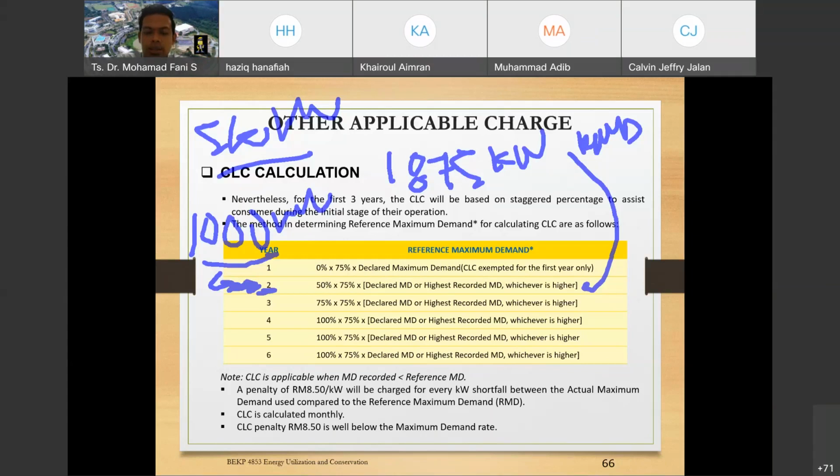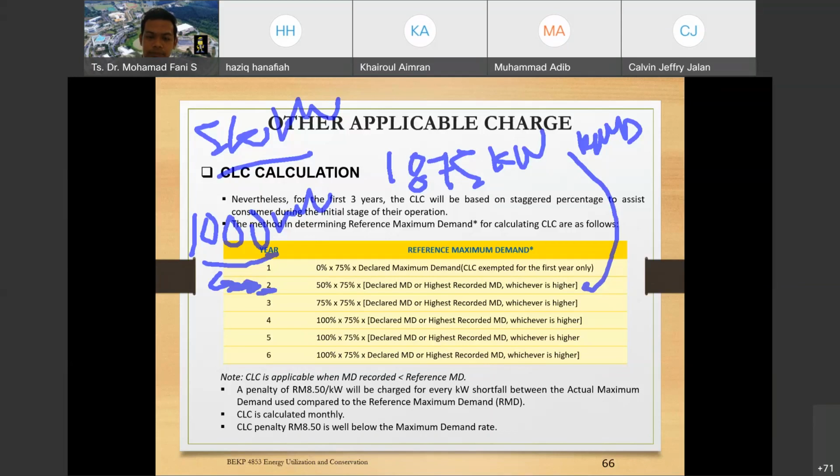What's the cost of the CLC charge for this month? 875 multiplied with RM8.50. So how much is the actual charge?